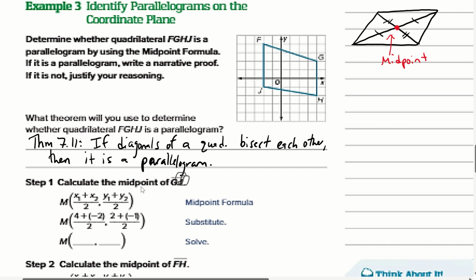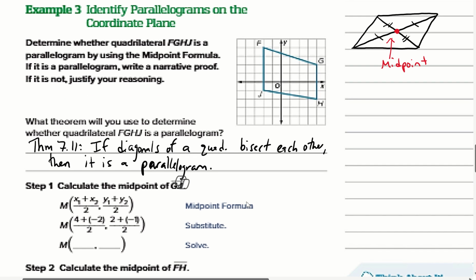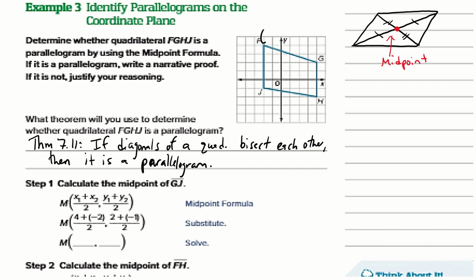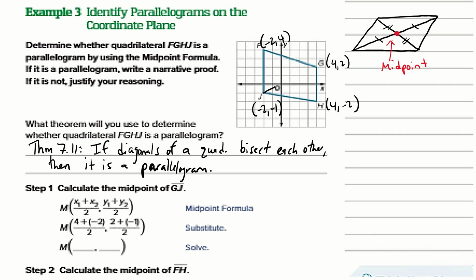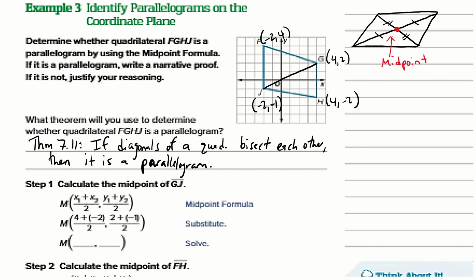Okay, all right, so step one, let's calculate the midpoints. So let's write down the coordinates. The coordinates for F are -2, 4, J is -2, -1. Coordinates of G are 4, 2, and H are 4, -2. Okay, so let's calculate the midpoint of GJ. So we're doing the midpoint for that, okay?